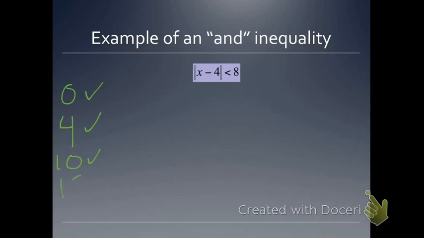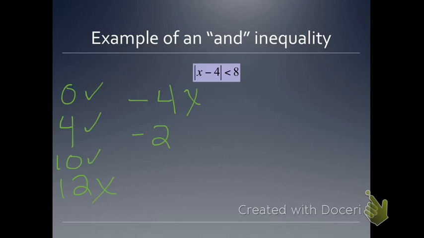And let's try 12. 12 minus 4 is 8, absolute value is 8, which is not less than 8. It is equal to. We haven't tried any negative numbers. Let's try negative 4. Negative 4 minus 4 is negative 8. Absolute value is positive 8, which is equal to, not less than.